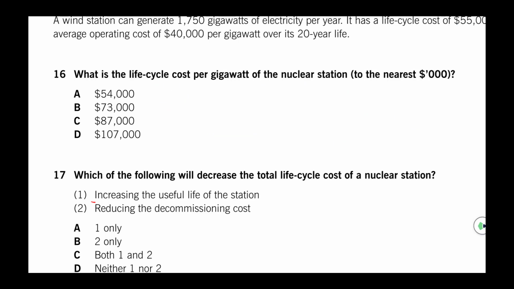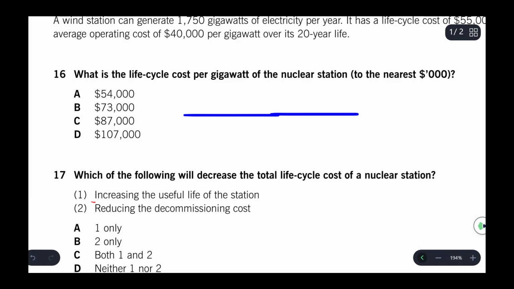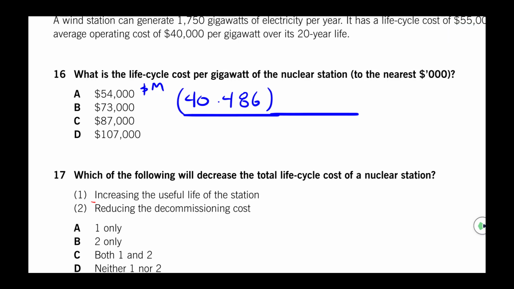Let's do the math together. First step, let's get the total life cycle costs. So we've got the operating costs, 40 years, multiplied by 486 million, and we're working in some country dollars to the million. Let's be clear there. Plus that 12 billion in decommissioning costs.